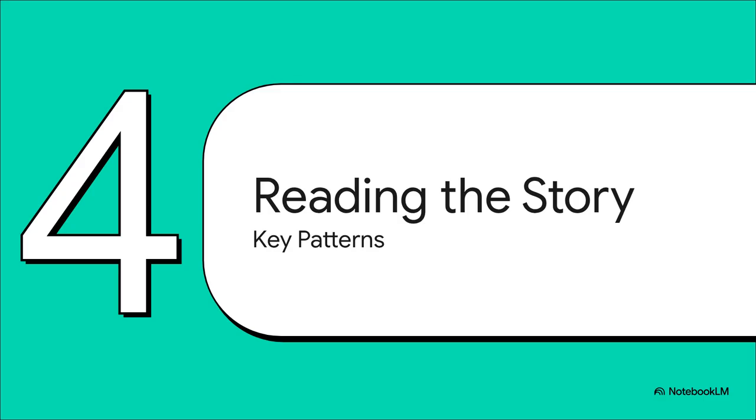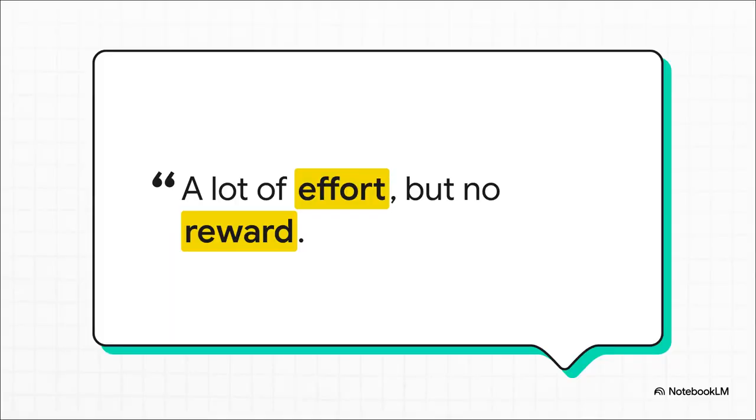All right, this is where it gets really interesting. Now that we can read the numbers, we can start to see the stories. These are the key patterns that experienced traders look for, the clues that reveal what's really happening behind a simple price move. The first story is a concept called absorption. And that phrase you see there, a lot of effort but no reward, well, it describes it perfectly. It's a classic case of seeing a ton of action that doesn't produce the result you'd expect.